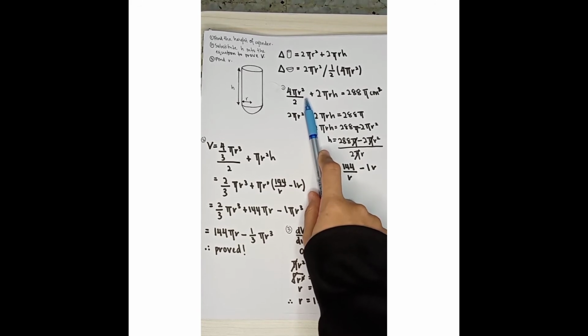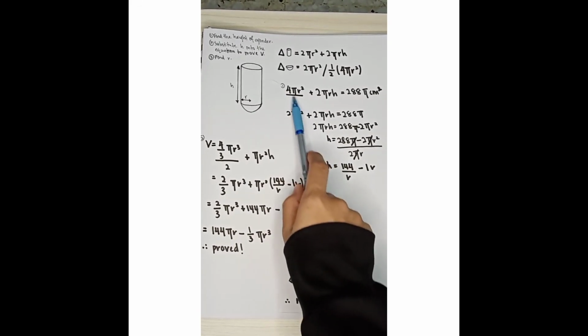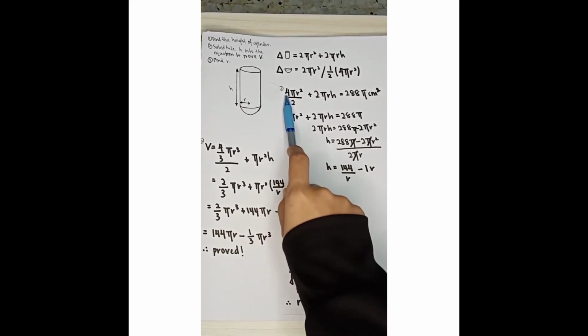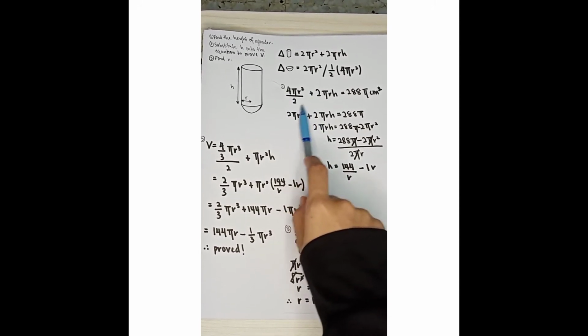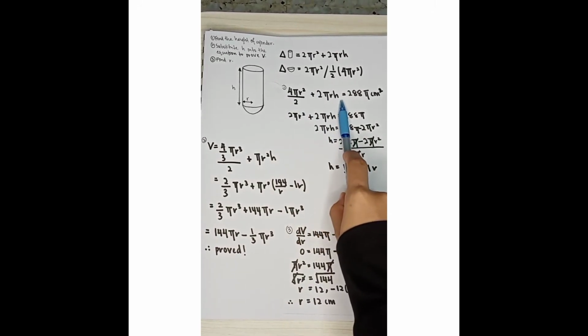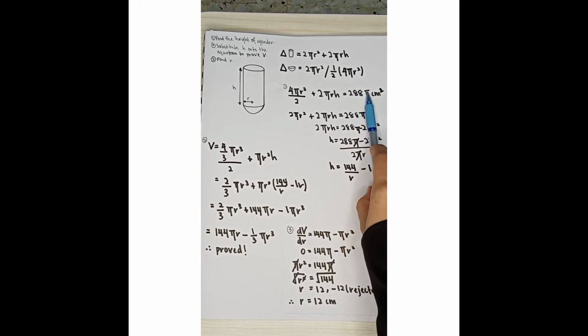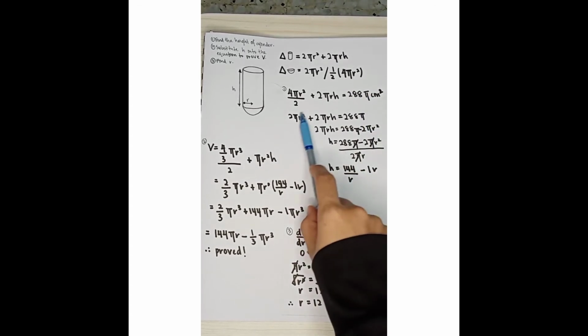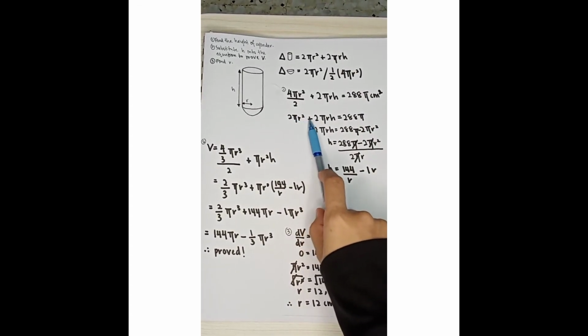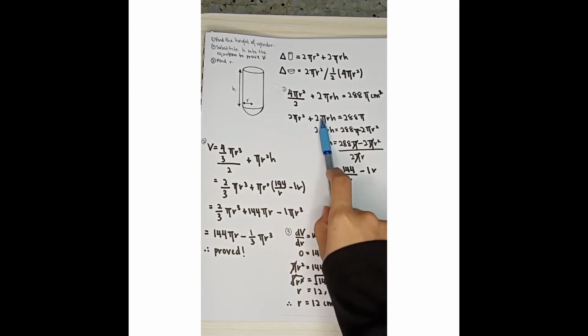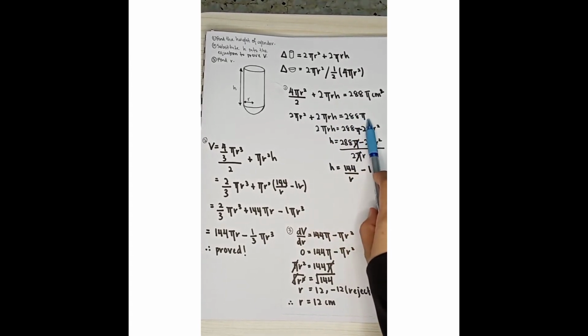For the surface area, first 4 pi r squared divided by 2 plus 2 pi r h equal to 288 pi centimeter squared. So 2 pi r squared plus 2 pi r h equal to 288 pi.